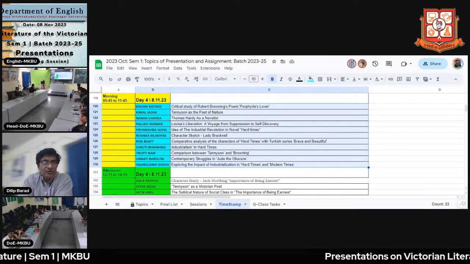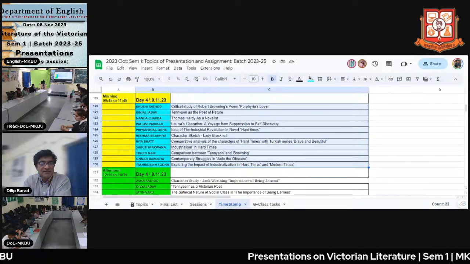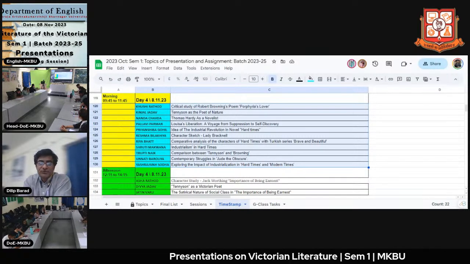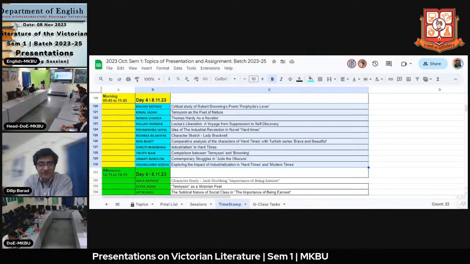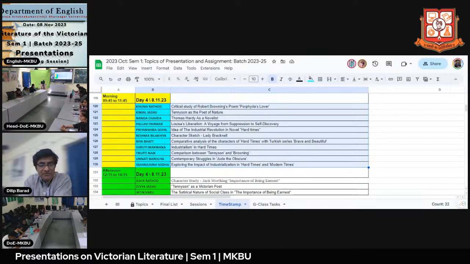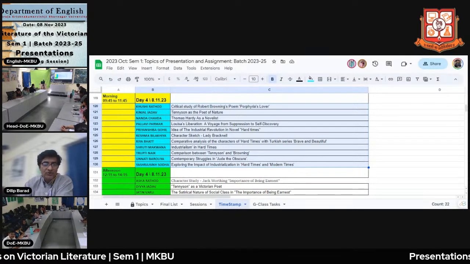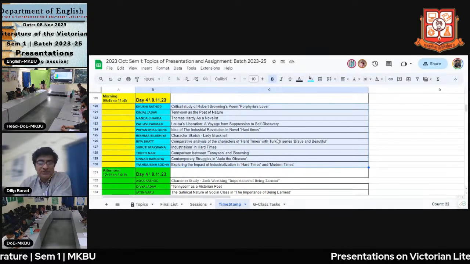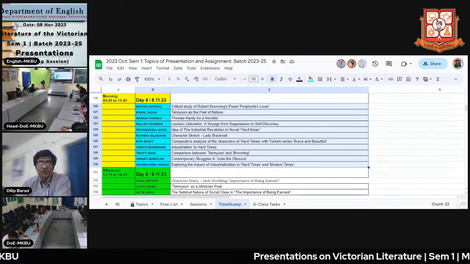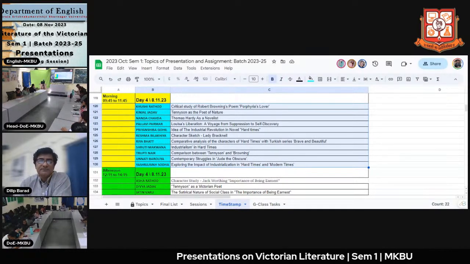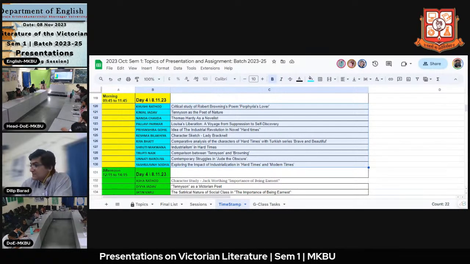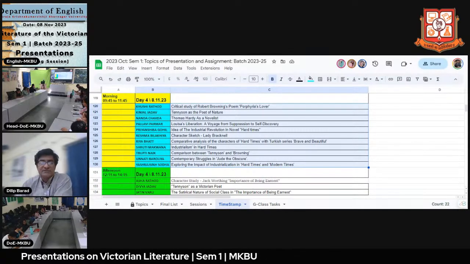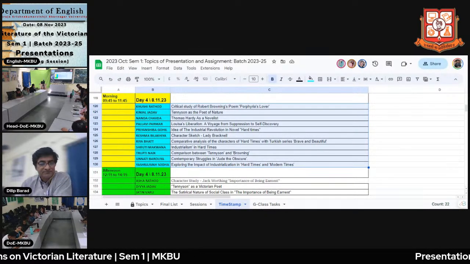Pallavi's presentation will be on Louisa's liberation, a voyage from suppression to self-discovery. Priyanshiba's will be on the idea of the industrial revolution in the novel Hard Times. In Hard Times, the capital T is missing there.